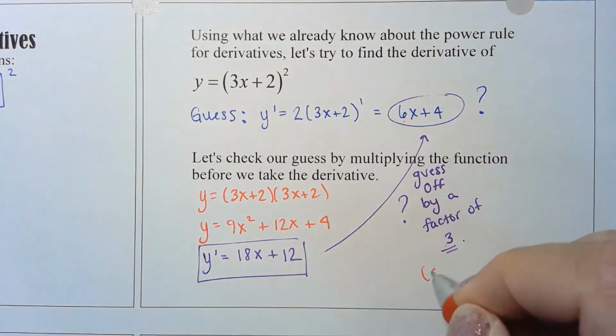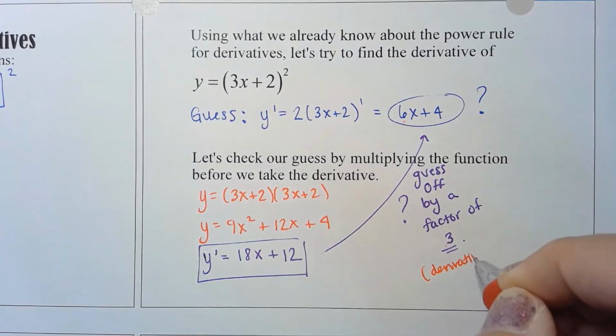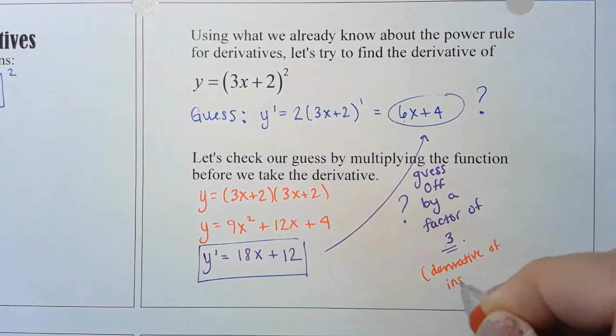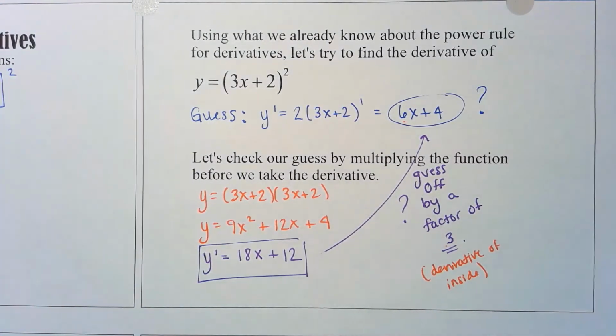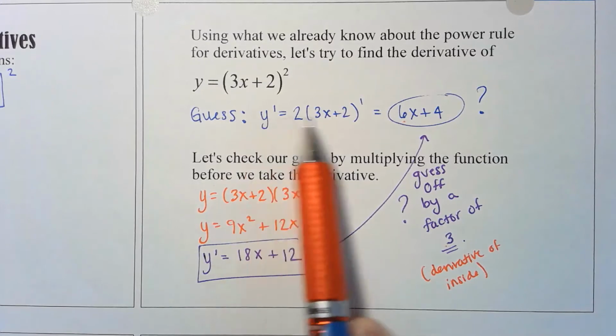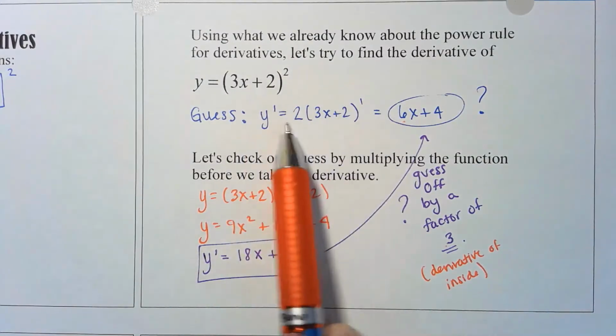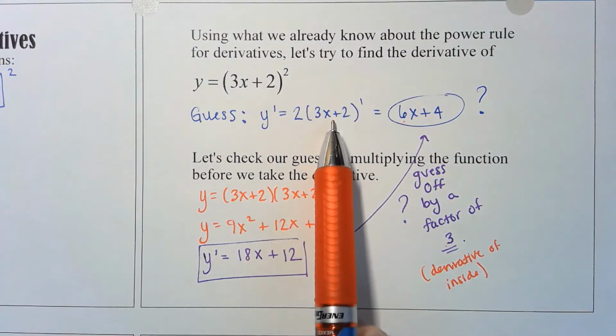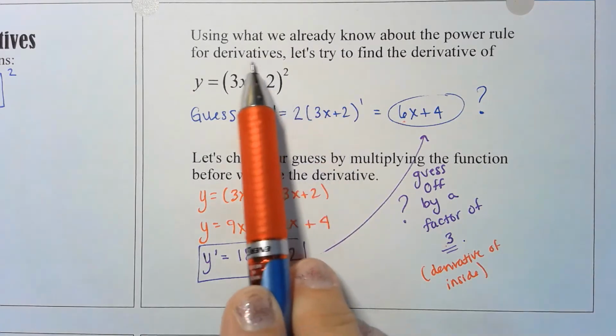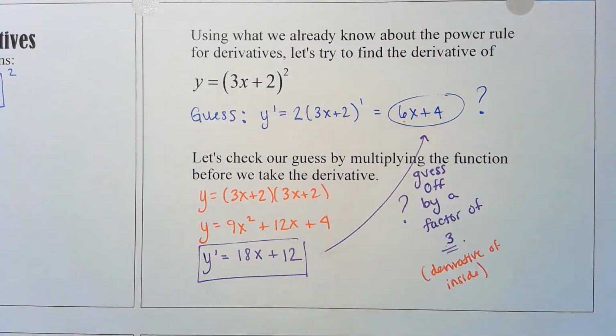I'm going to write that down. The derivative of the inside is 3, isn't it? Okay. So we're thinking we can still make this work. We can still leave this alone, but we're going to need to adjust our answer in the end. So we started with the power rule, but maybe we need to multiply by 3. Okay. We'll write this down formally here in just a minute.